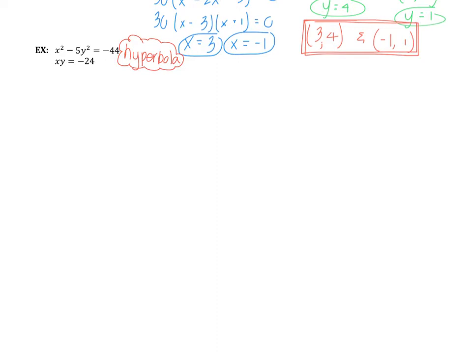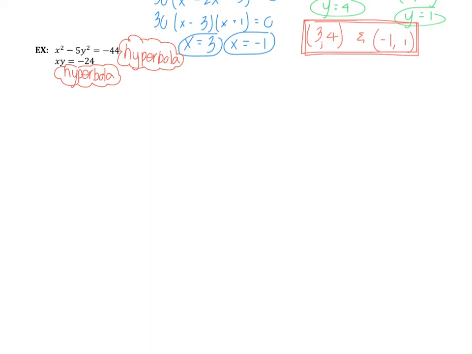But realize that this is one of those special cases that you'll see in the Day 7 homework summary. Because there's an xy term, this is actually a hyperbola as well. Okay, so I'm trying to find where these 2 hyperbolas will cross.